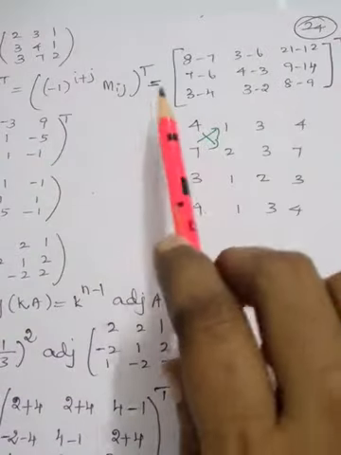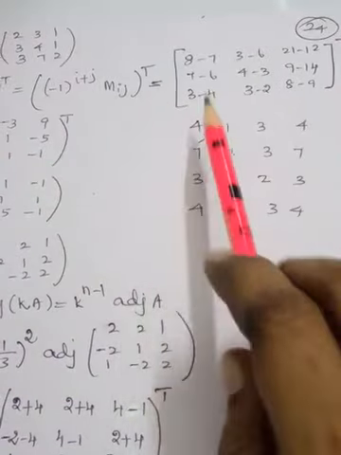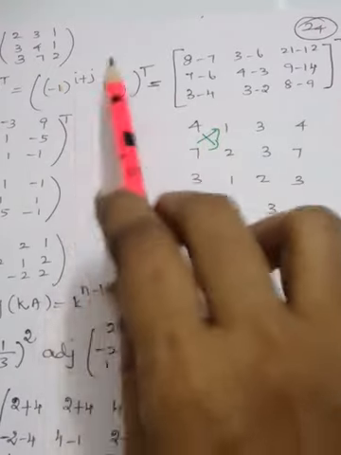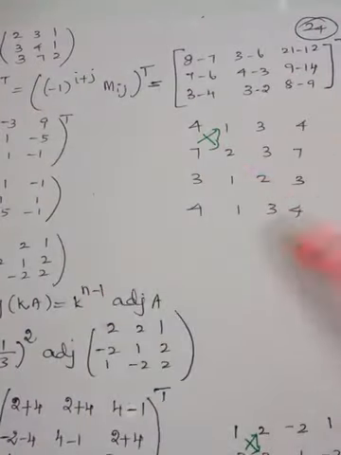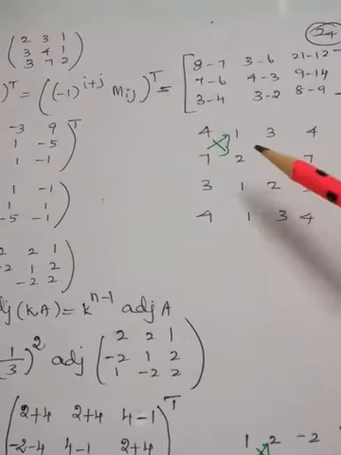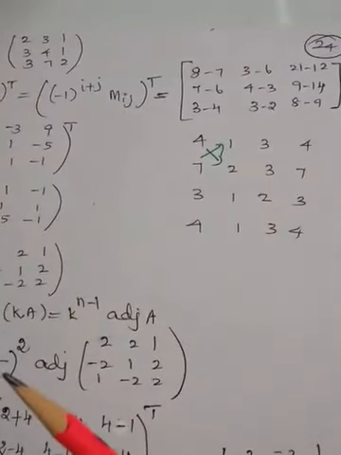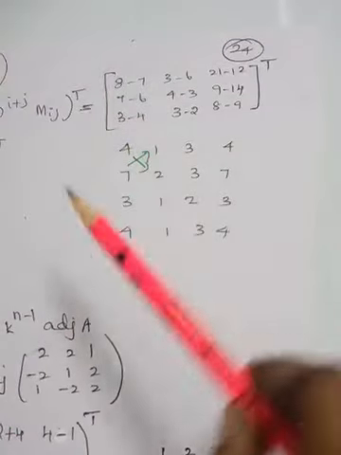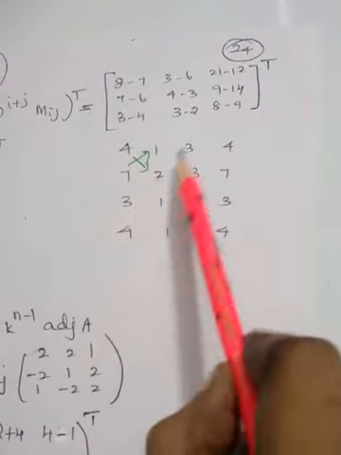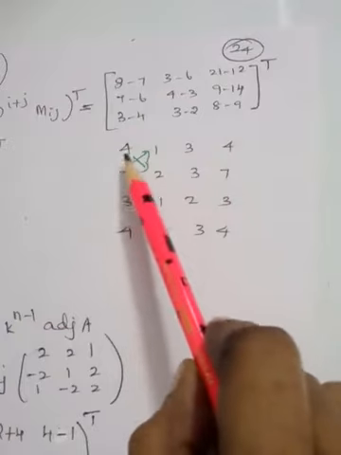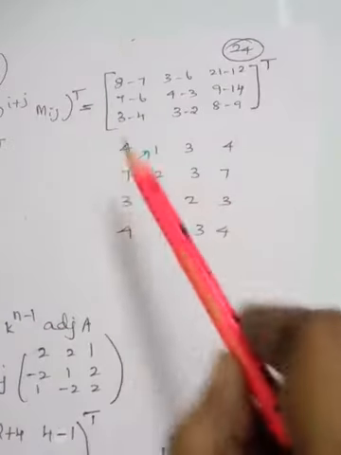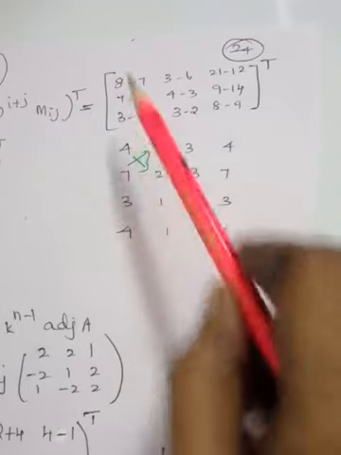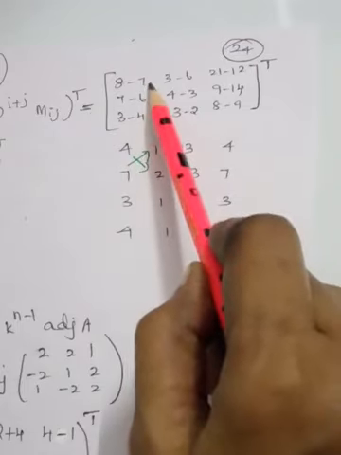So this is equal to, now I am going to find the signed minor. Signed minor means by using this rough work you can calculate directly. Signed minor is nothing but the calculation of this one. So take 4 elements, determinant. 4 into 2 is 8, 1 into 7 is 7, but the formula is minus, so 8 minus 7.